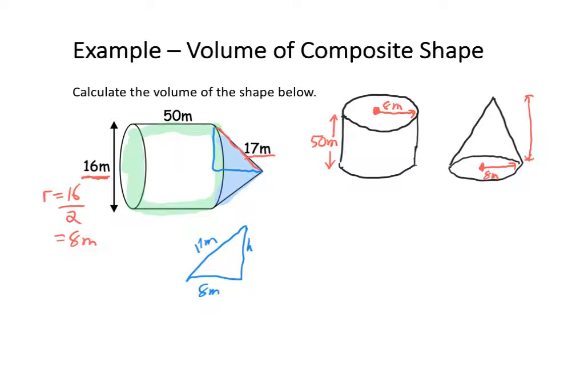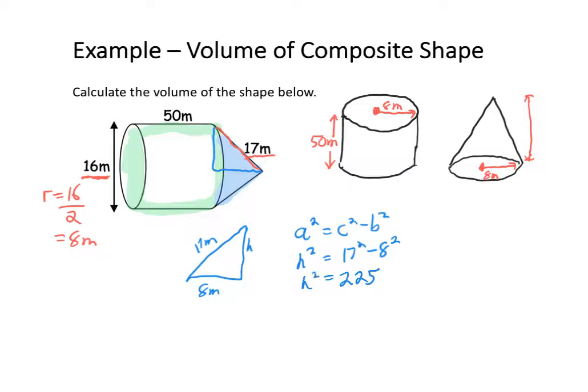So go ahead and write in my formula. Now it's not a squared plus b squared equals c squared because I'm not finding the hypotenuse. I'm finding one of the smaller sides. So I can use a squared equals c squared minus b squared. Substituting in my values, h squared is going to equal 17 squared minus 8 squared, which equals 225.